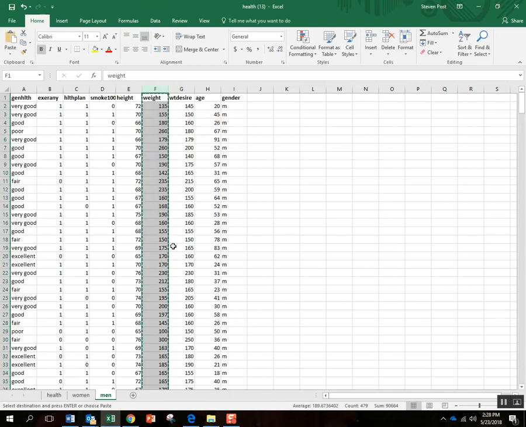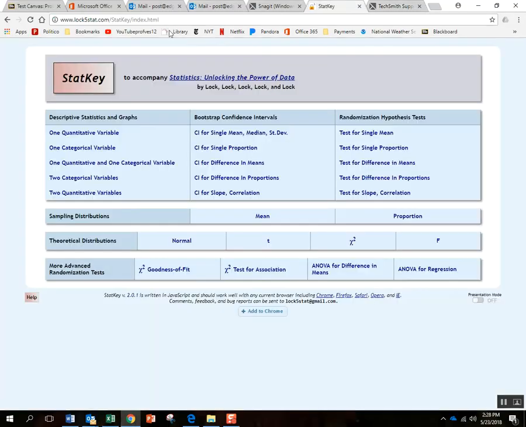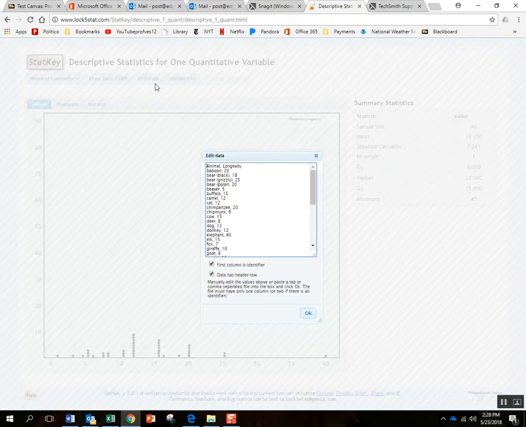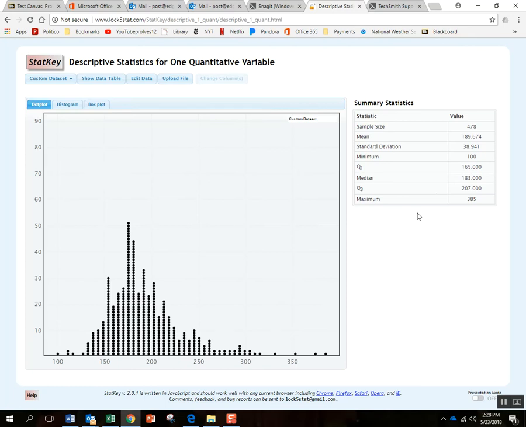Let's copy them, and let's go to StatKey, and for one quantitative variable, put in all those men. And they have a mean of 189.674. So, okay, great. That's more than 185, but it's not a lot more.